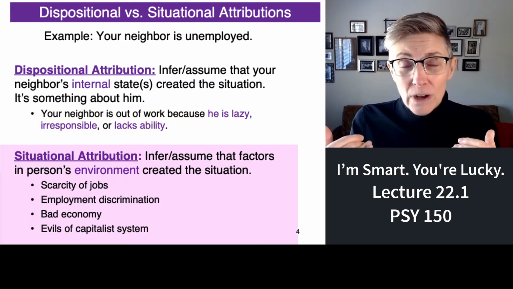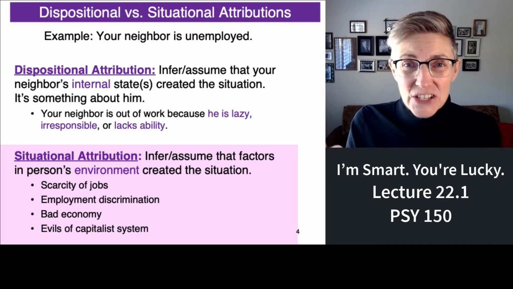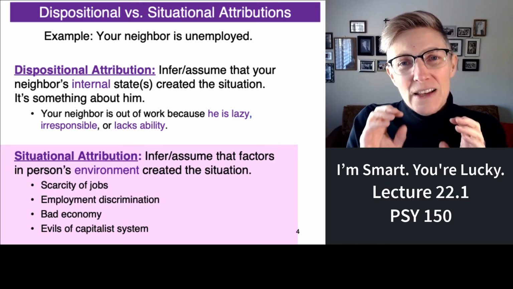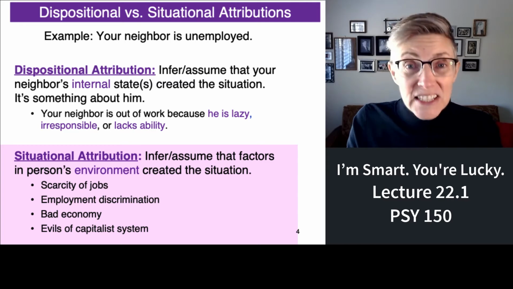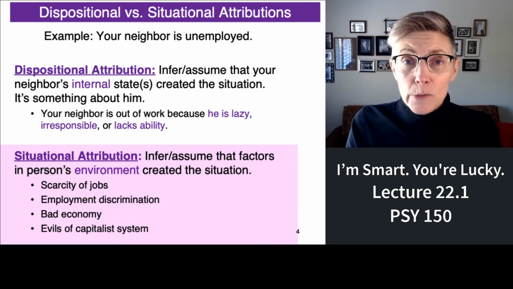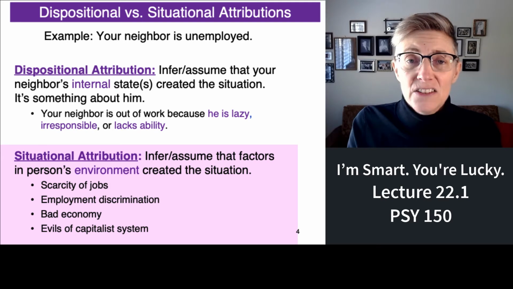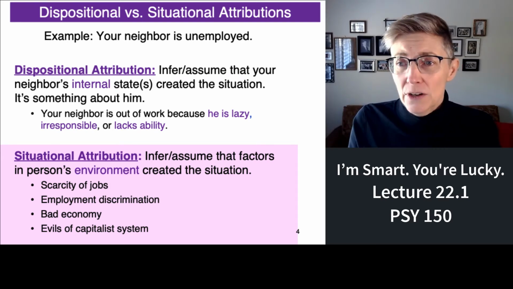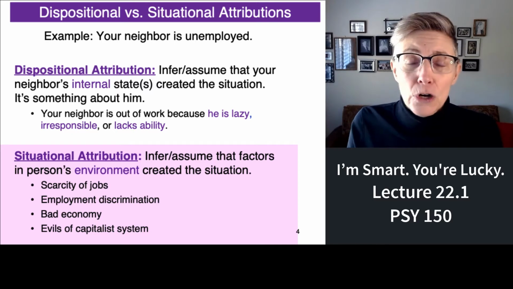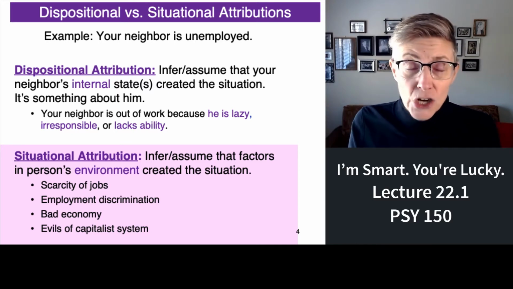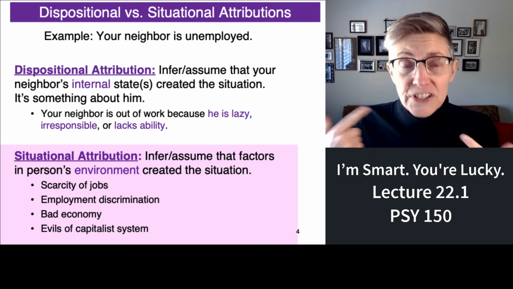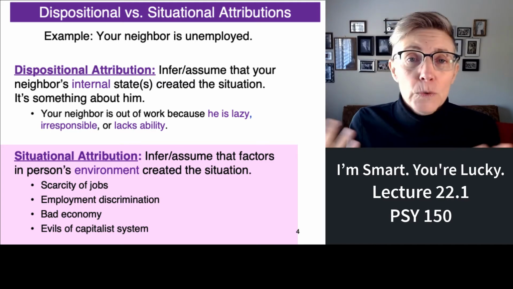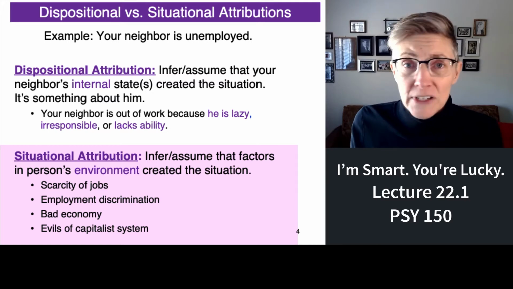The other one is situational attribution, which is I attribute other people's actions to the situation that they're in, not to their personality or their tendencies or their likes or dislikes, but to the situation that they're in. So, for example, my neighbor who doesn't have a job, if I make attributions that are situational, I would say, well, unemployment is really high right now.